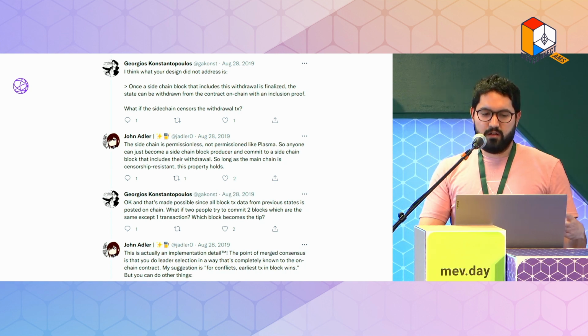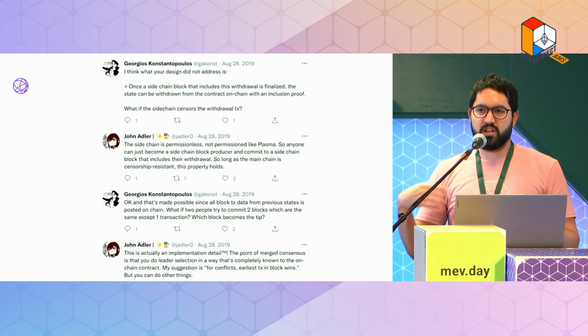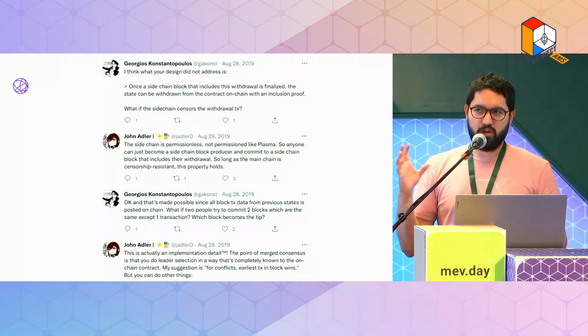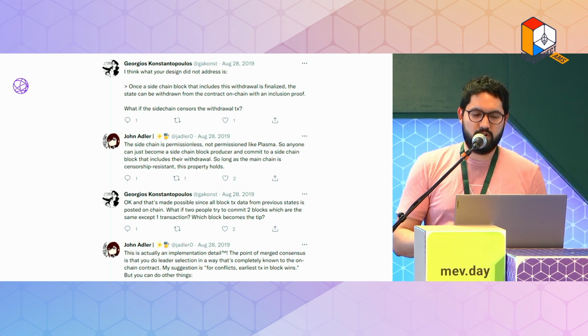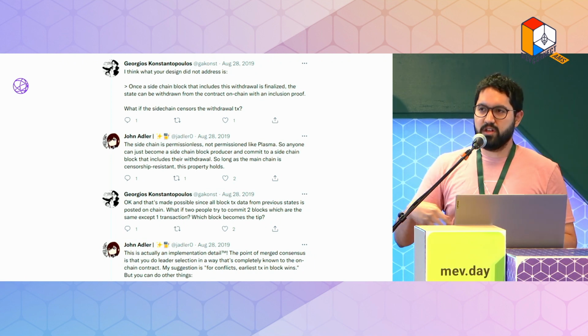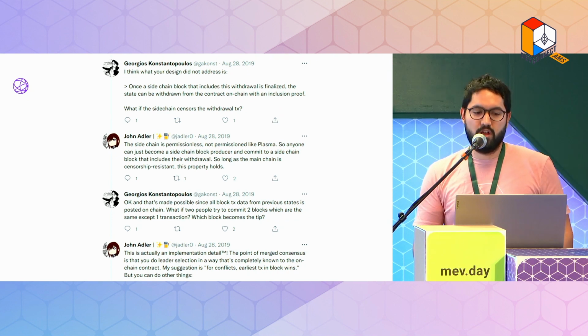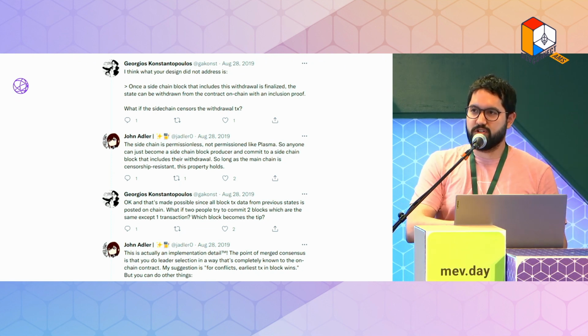And not only that, if users' only recourse is forcing a single transaction into the chain, that's not very good, because if the operator or the sequencer, whatever you want to call it, goes down, then every single user has to make a main chain transaction to get their transactions in.